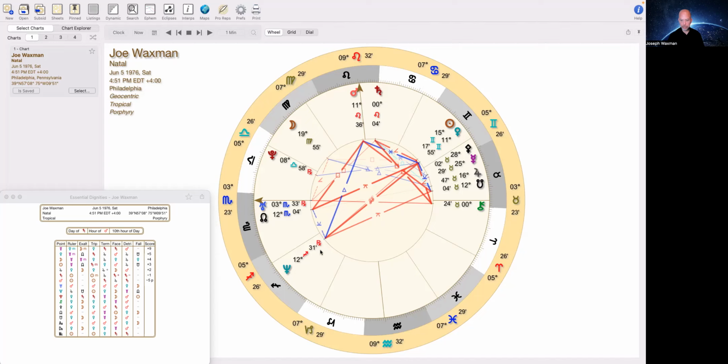Conjunct the South Node. Some interesting that, because money was good when I was younger. And if you look at the, what is it?